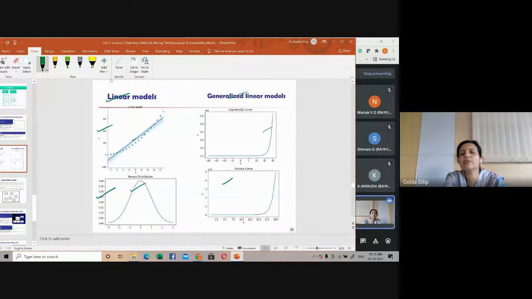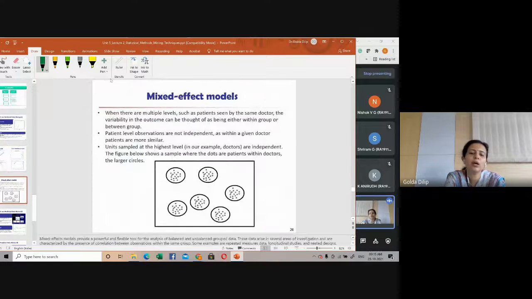Actually this mixed effect model is good when you have some sort of trends, let's say some group level trends are there, and then some global trends are there. This is also a regression model, a mixed effect regression model. One example is being shown here. In the same way, students within a classroom can be grouped.